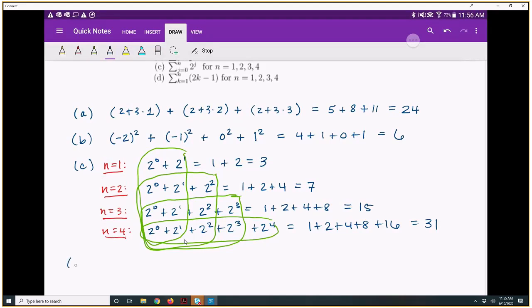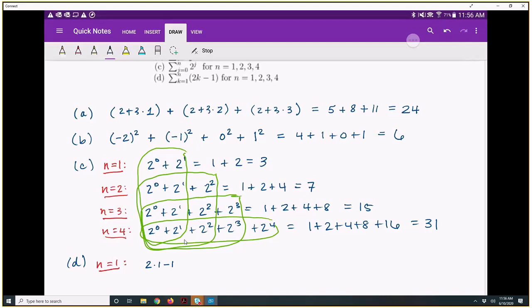Now for part D, we're going to do the same thing. We're going to be changing our terminal index. So let's say that our terminal index is 1. And for part D, we have the sum k is going from 1 to 1 of 2k minus 1. So this will be 2 times 1 minus 1.